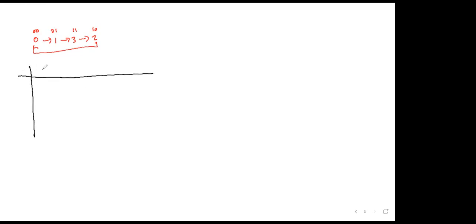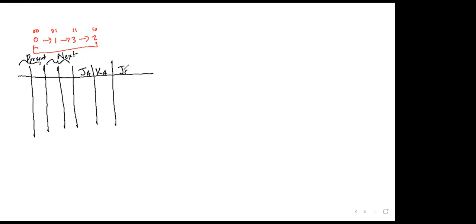The table is going to have your present value, the next value, and the J and K. So I'm going to put x1 and x2, and then the next value.